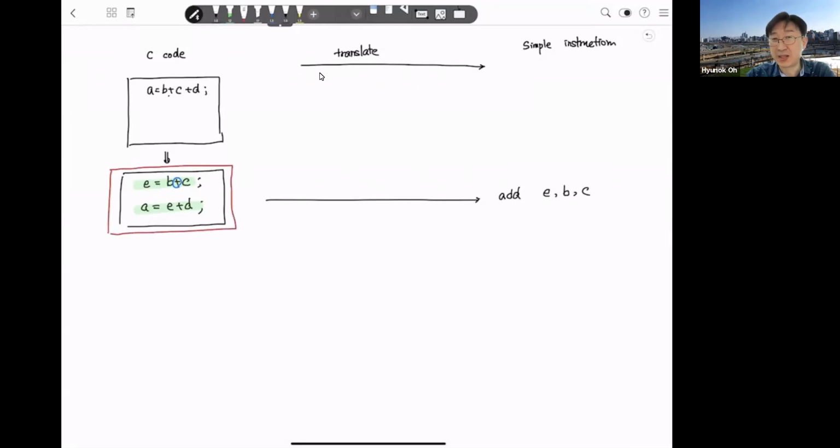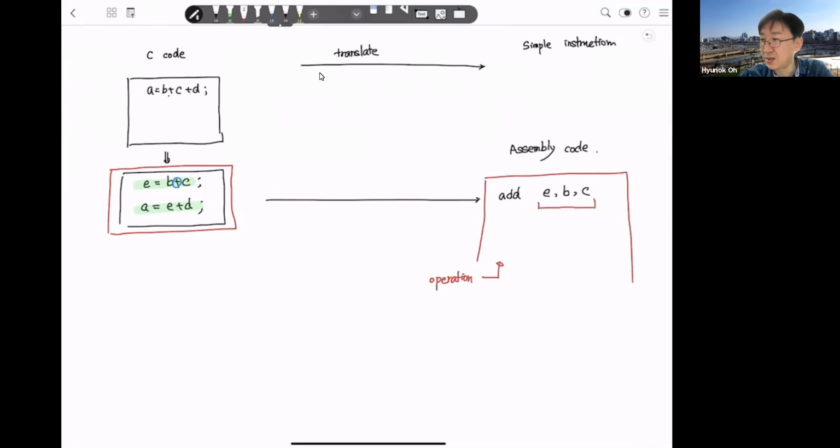But in assembly code, or machine code, we use the following format. The first one is the operation, the opcode, and the rest are operands.